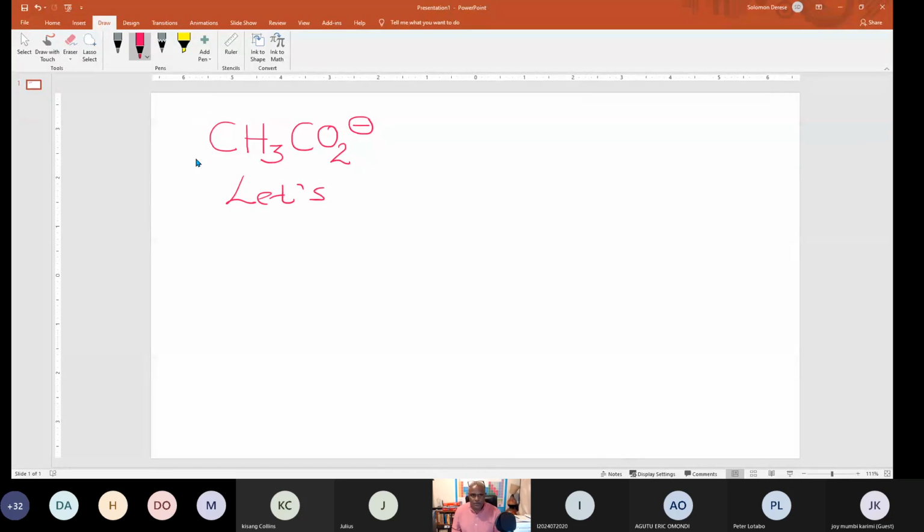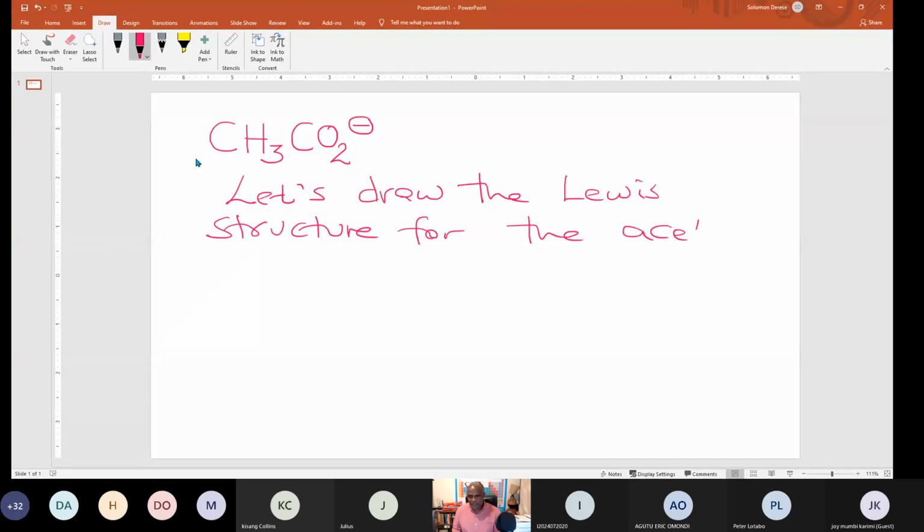Let us draw the Lewis structure for the acetate. It's called acetate, okay? The acetate ion. We want to draw the Lewis structure for CH3CO2 minus, okay?